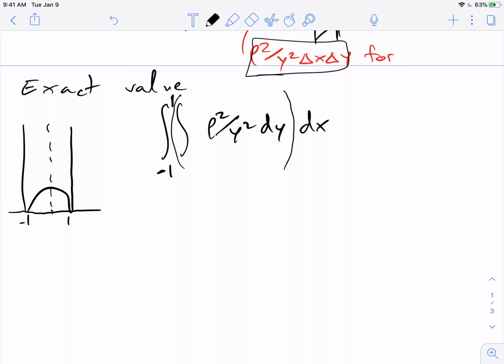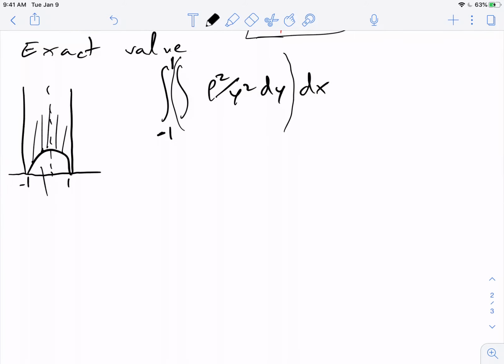Right? And then for all the x values between -1 and 1, which y values do I care about? Well, I'm looking at the y's which are above this semicircle. Now this circle is defined by the equation x squared plus y squared equals 1. And so what y values am I looking at?